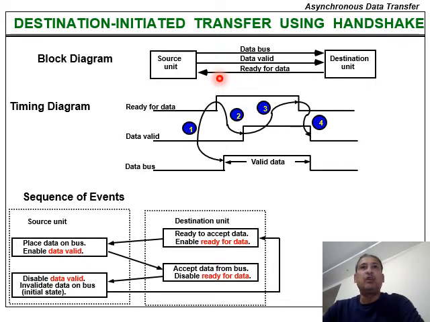It indicates to the source unit that the destination unit has read the data, and in response the source unit disables the data valid signal, thereby invalidating the data on the data bus and bringing the entire process to the initial state where the destination unit is once again ready to accept the next data after sending a signal to the source unit.